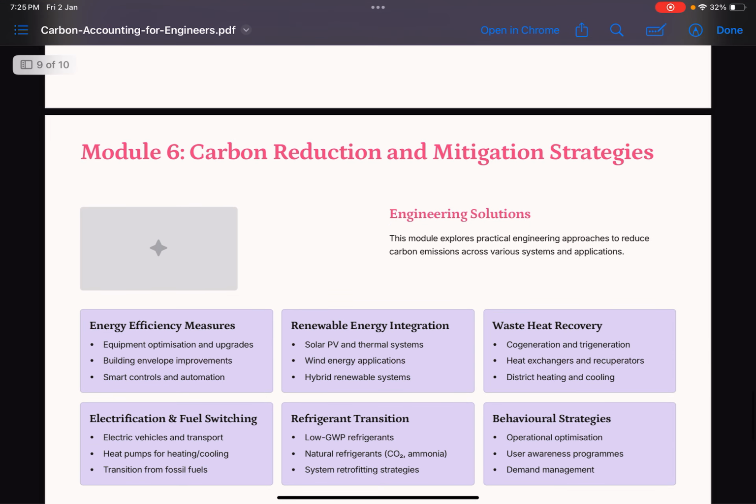Module 6 would discuss the need for intervention, that is, improving the efficiency, integrating the system with renewables, trying to recover as much waste heat as possible through cogeneration, and using innovative techniques like heat pumps for heating, cooling, electric vehicles for transport, and transition to alternative green refrigerants, as well as behavioral strategies.